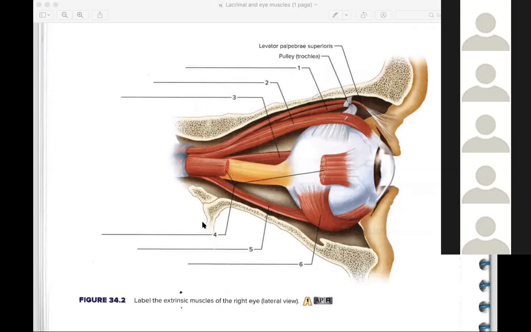So one muscle may move your eye up and towards the midline, or up and medial. Another muscle may just move your eye down and towards the midline. Another muscle may move your eye away from the midline. Another one may move it just towards. All that information is in your textbook.